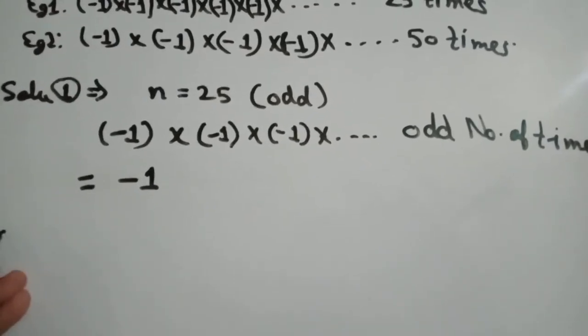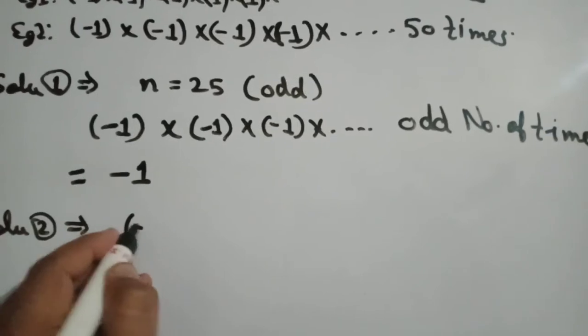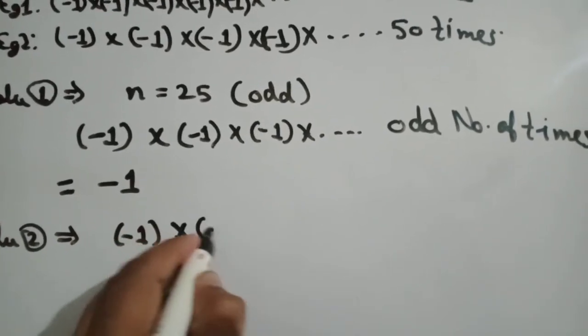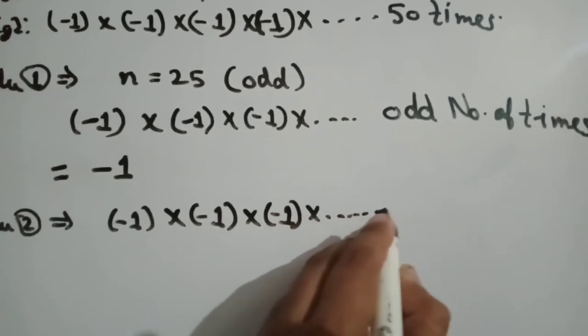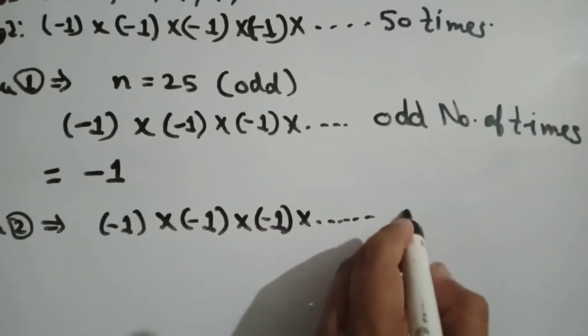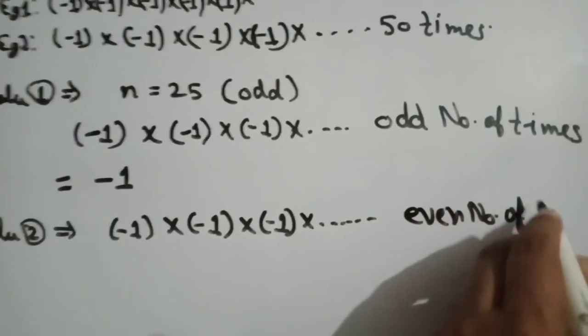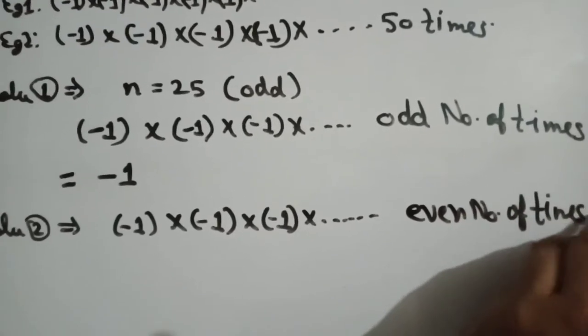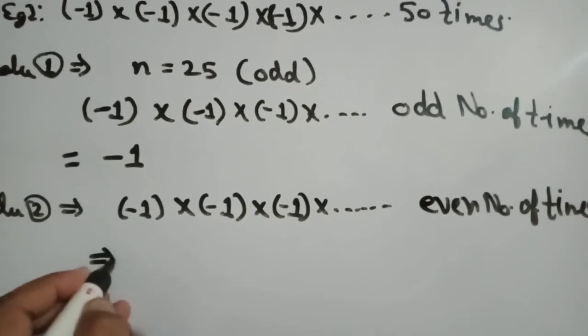But if we multiply a negative number an even number of times, the answer will be positive.